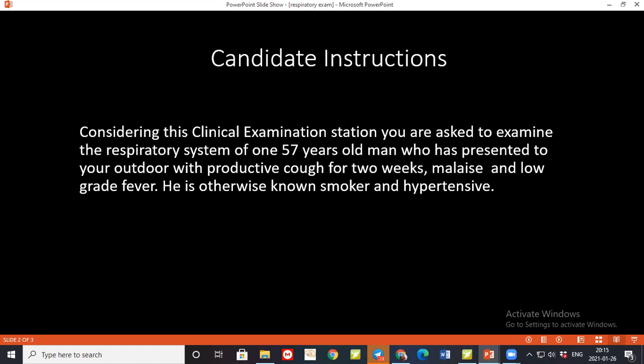There is a harsh vesicular breathing sound, and also there is presence of expiratory wheeze, but the vocal resonance is equal on both sides. Then my provisional diagnosis of this patient is most probably chronic obstructive pulmonary disease because he's a chronic smoker.